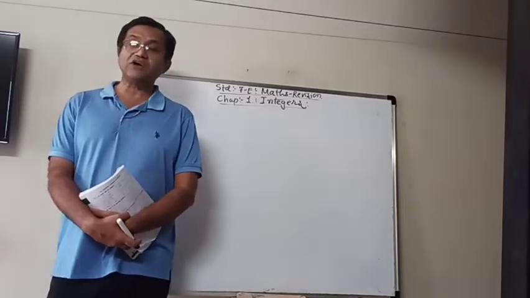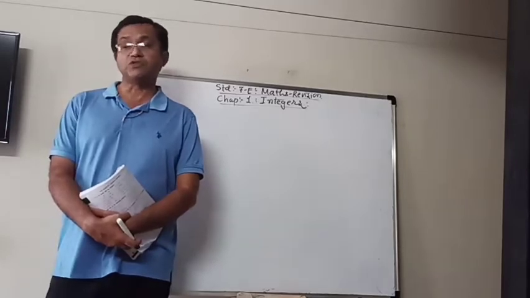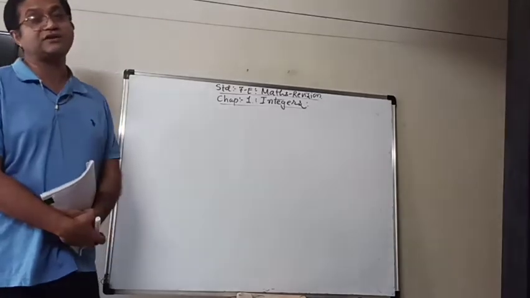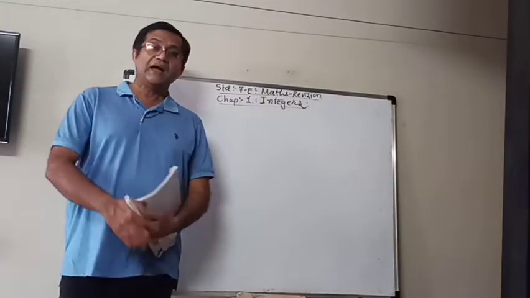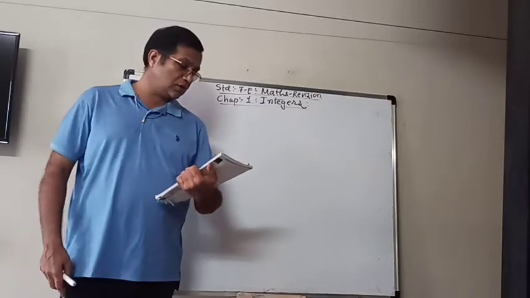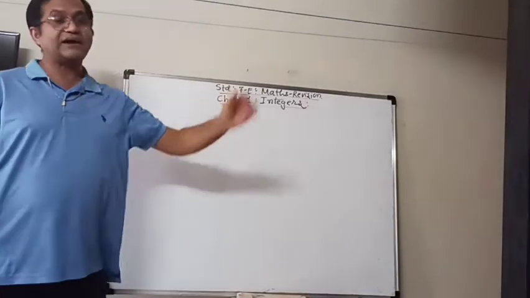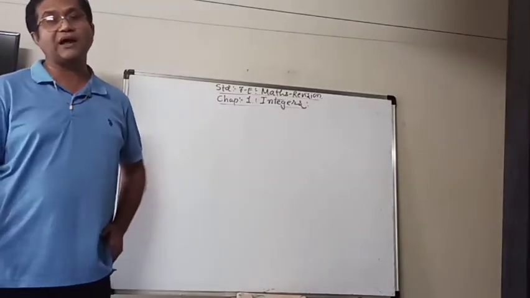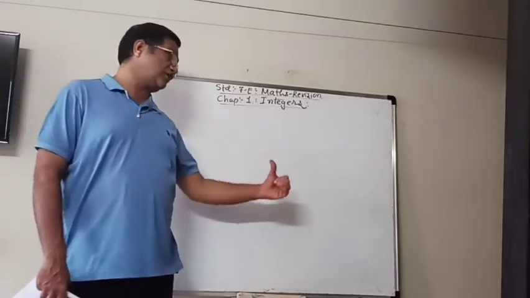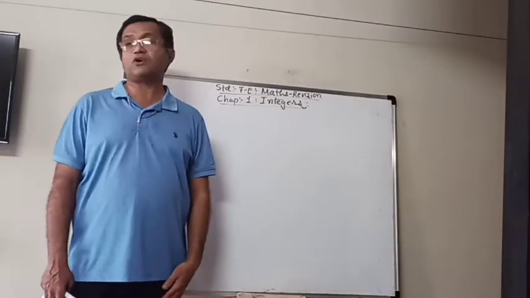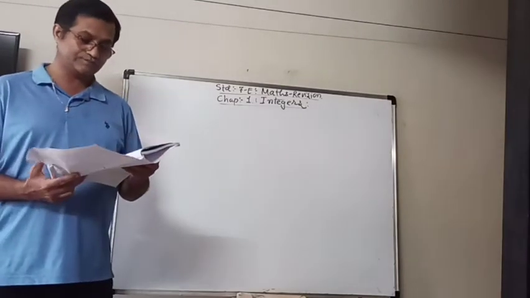But 0 is in the middle, which is neither positive nor a negative integer. It is a neutral integer. And we saw that positive integers are on the right side of the 0 and they all are greater than 0. Negative integers are on the left side of the 0 and they all are smaller than 0.